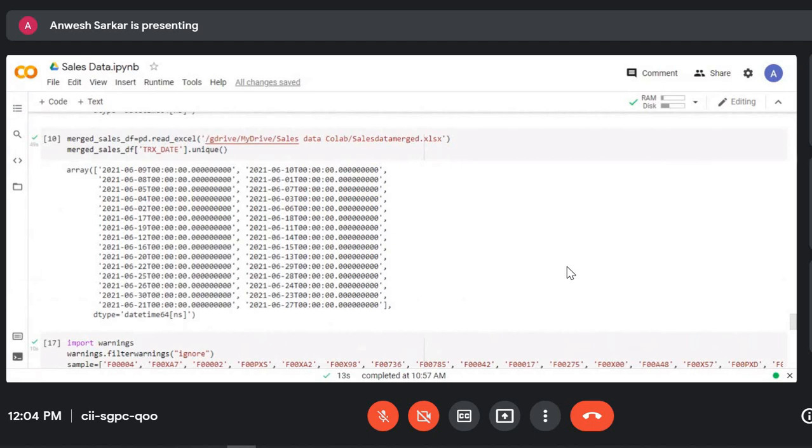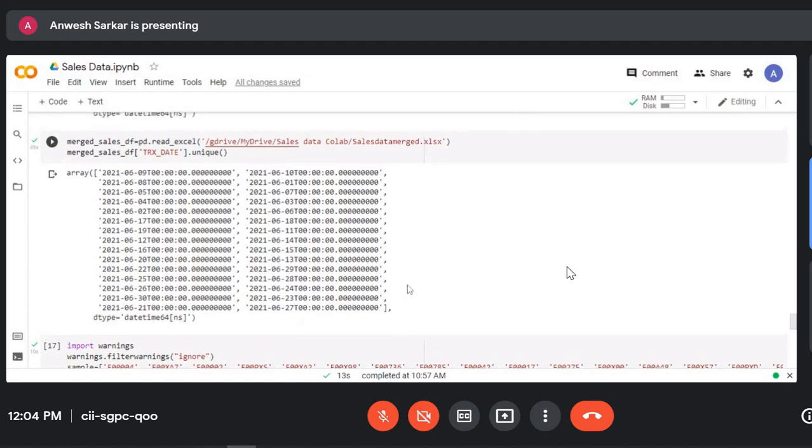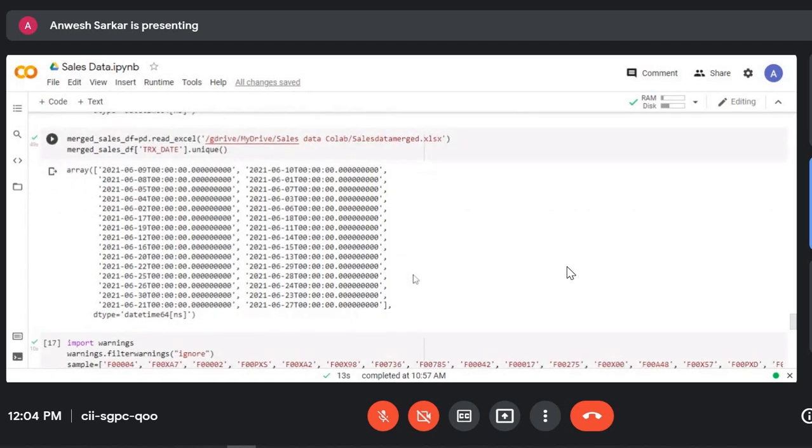Sir, as you can see, I have tried to get the different values of the dates that are mentioned. They range from the 9th of June to the 27th of June 2021. Does it give all days? No, sir. It is not giving all days.